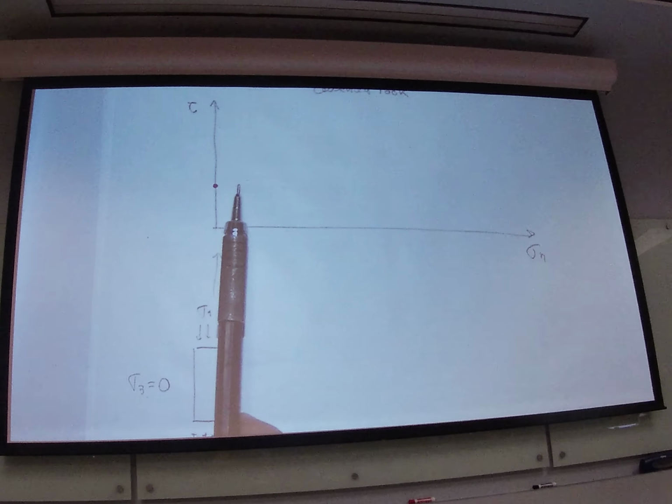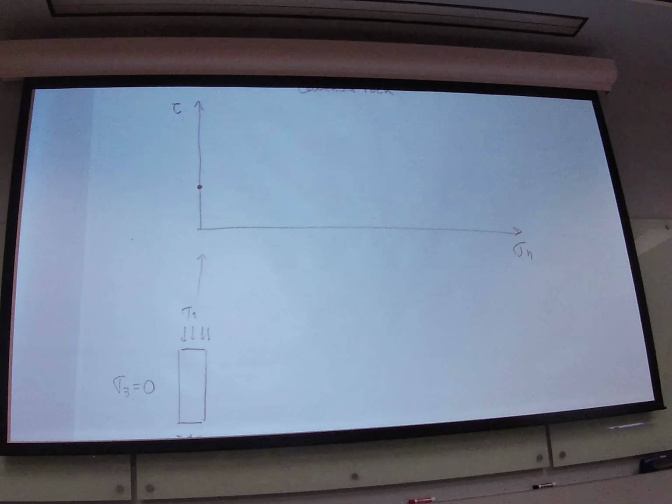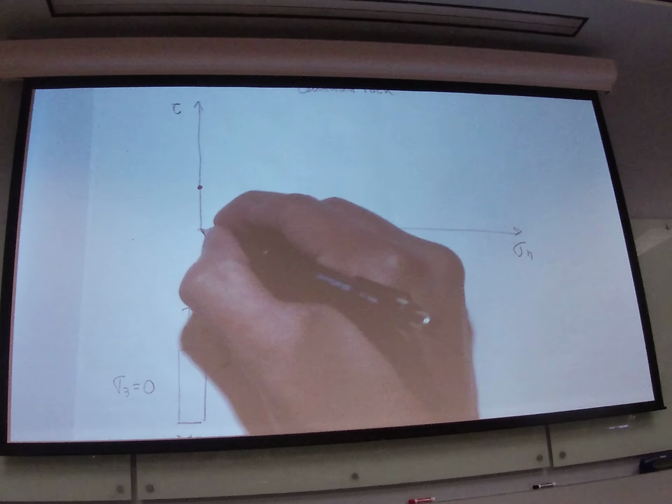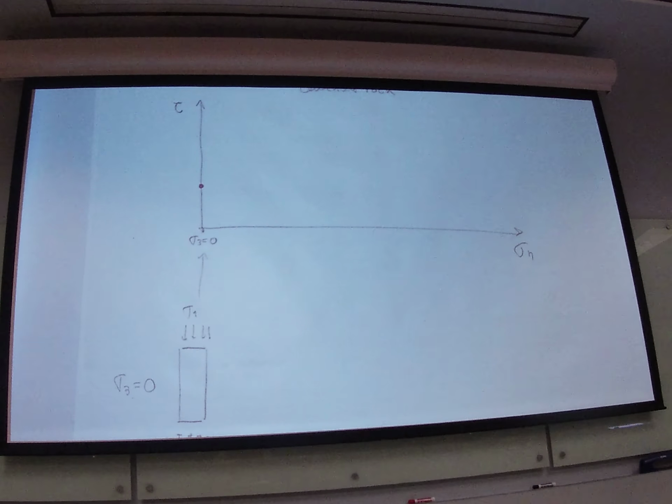I shouldn't have drawn that point, but just forget about that point. I'm telling you here in this experiment sigma 3 is equal to 0, so it's going to be a point over here. Okay? We agree about that.